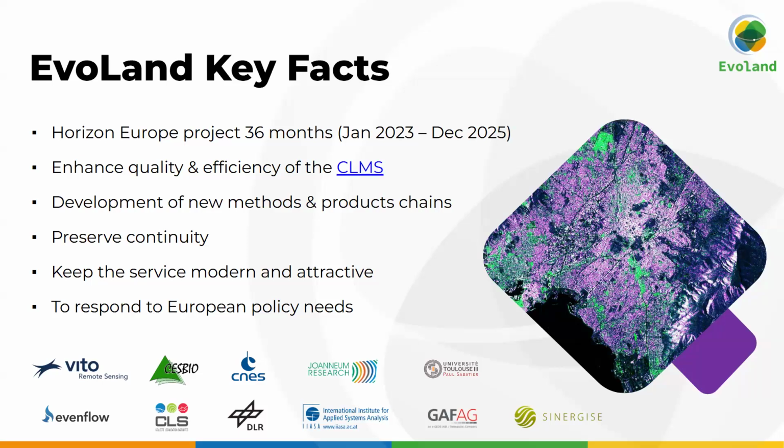And within our project, we now want to develop new methods and products to create the next generation of those products. One key aspect when doing this, what's important for us is to preserve the continuity of the already existing products, but with developing those further to keep the service modern and attractive.